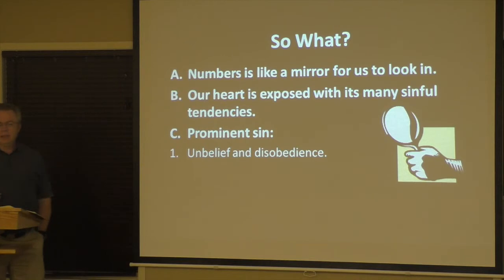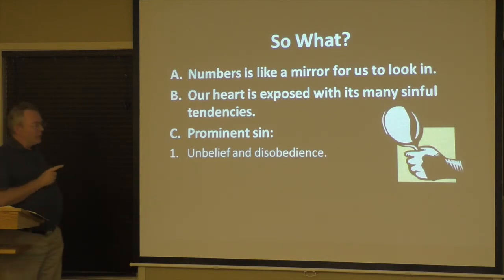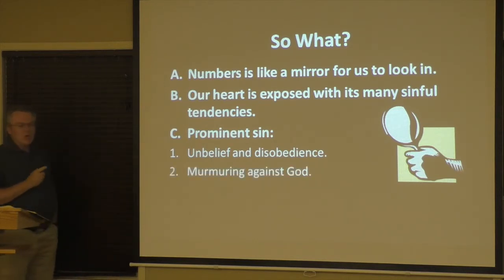God promised them a promised land, and they said, we don't believe it. Those guys are too big, they'll squash us like bugs. There's your unbelief. And disobedience, in that God says we need to go in and take the land, and they say, you can go if you want, but I'm going to stay here. Unbelief and disobedience.